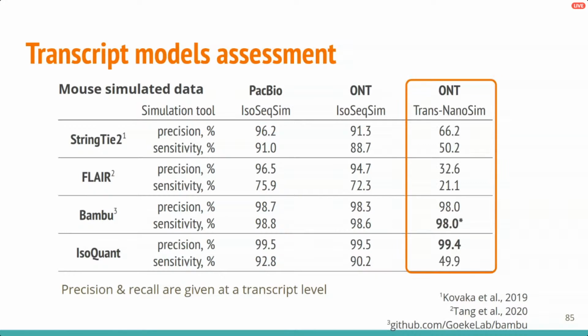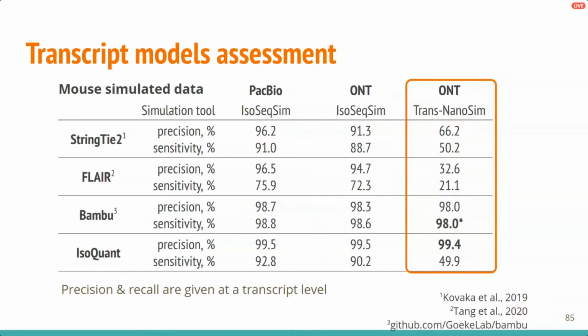But when it comes to realistic nanopore simulated data, you see that both precision and recall drop significantly, especially for StringTie2. For Bambu and IsoQuant, you see precision is pretty high, and we are proud that we have a bit higher precision, but we have significantly lower sensitivity.